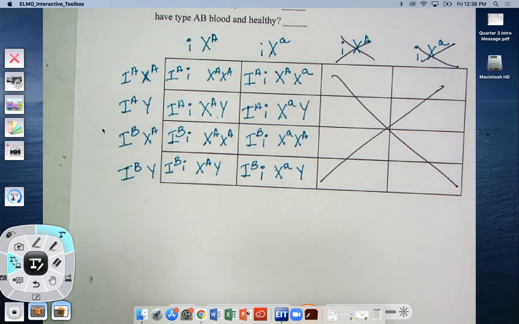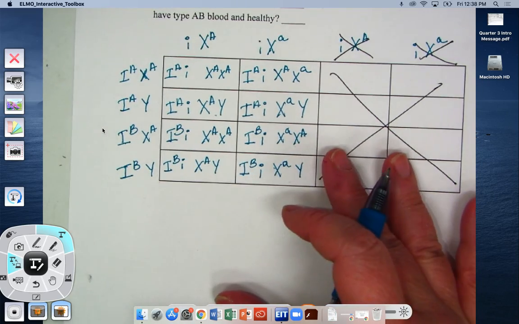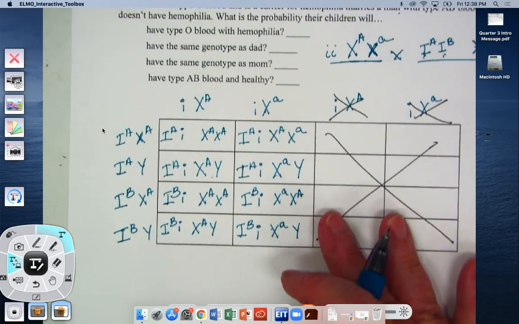Okay. Whew. Seems like the most complicated. Blood type and sex-linked disorders.